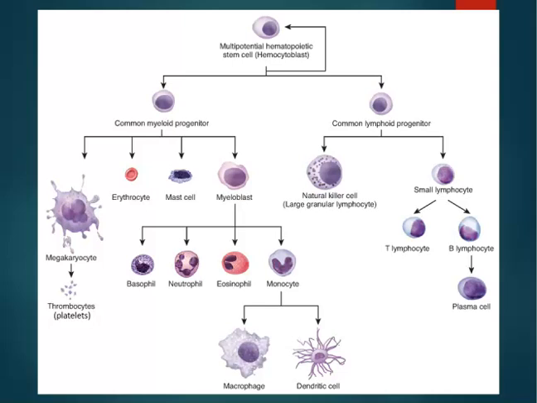Now let's look again at the flow chart for the maturation of our blood cells that we've been looking at all semester. Let's look up here at the top. We know that all of our cell lines start with the hematopoietic stem cell, and it has the potential to become any of our blood cells.